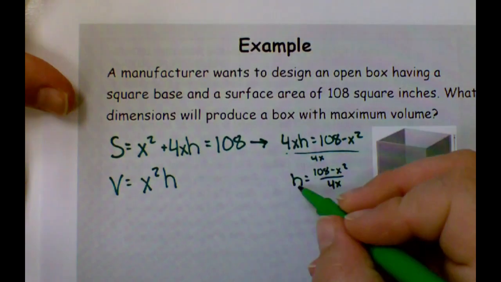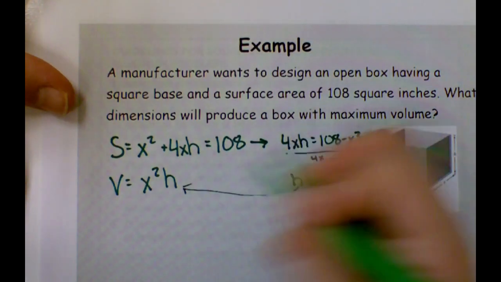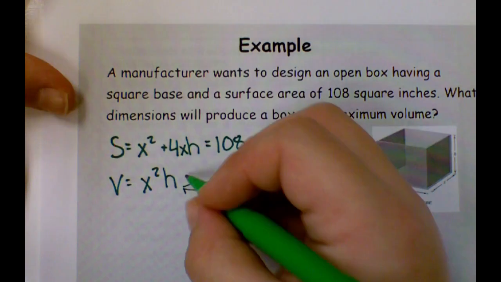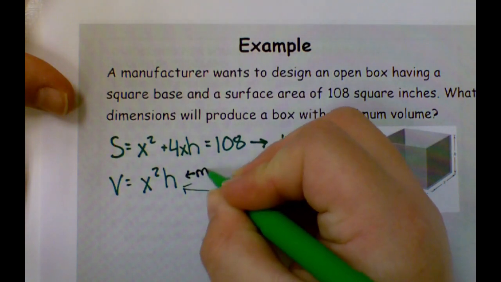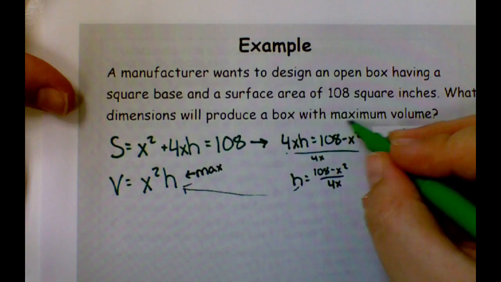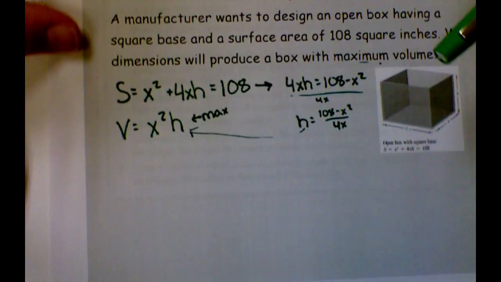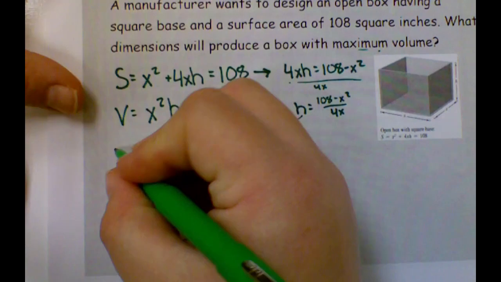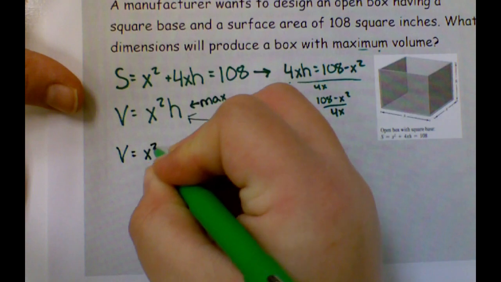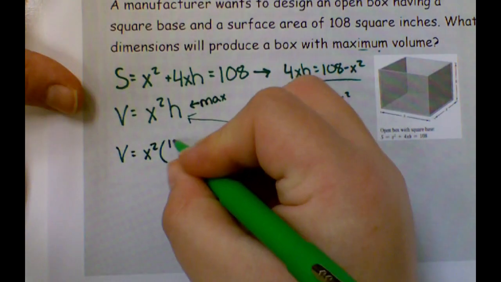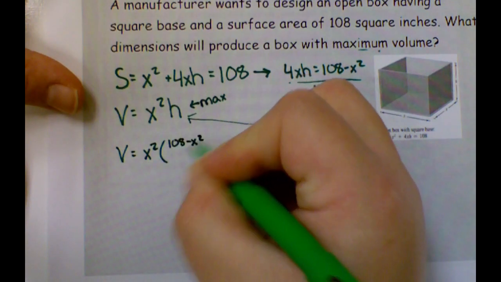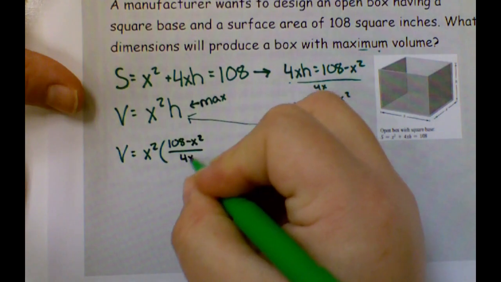Now I'm going to take that and plug it into my other function, because this is the function that I am trying to find a maximum of, maximum volume. To find a maximum, I need the derivative. To find a derivative, it's much easier if I only have one variable. So I'm going to plug in that h. So x squared times 108 minus x squared over 4x.